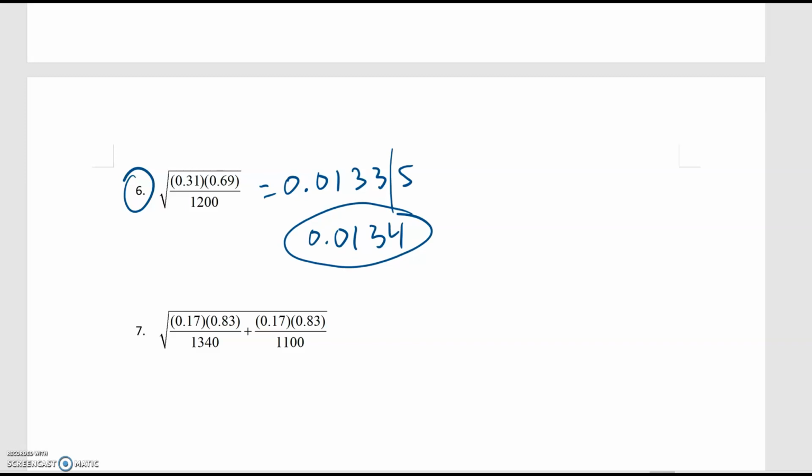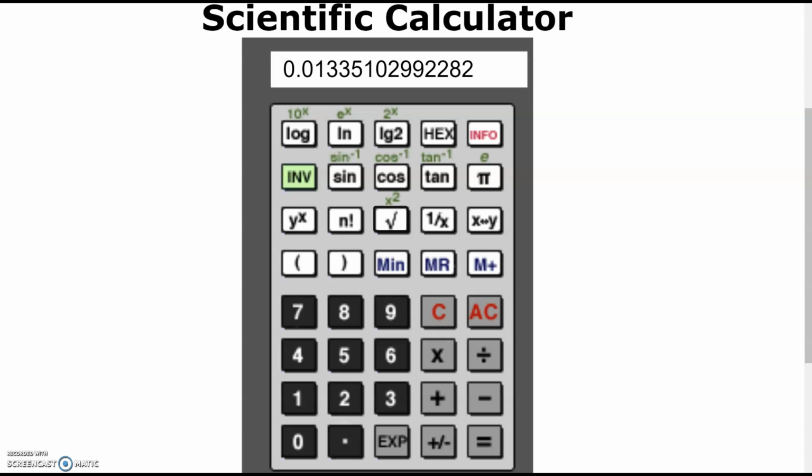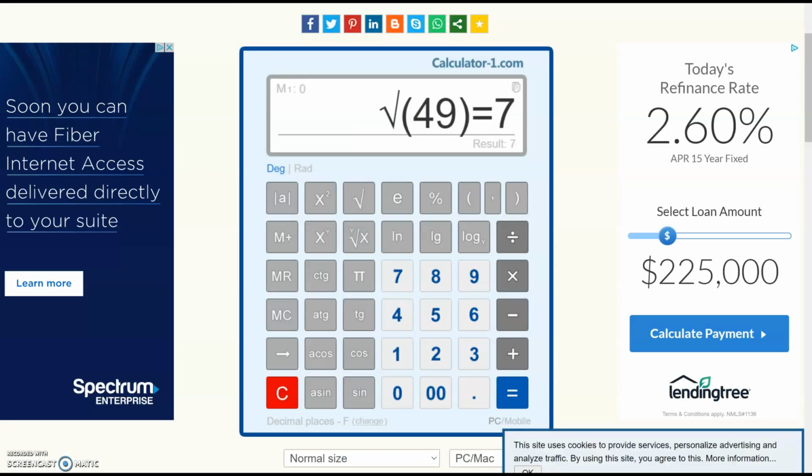Okay, now for the more fancy calculators, you can just type the whole thing in all at once. So start with the square root sign. So let's go to this calculator, press clear. Start with the square root sign first. So square root, and then it was 0.31 times 0.69, and then hit the divide key, 1,200.